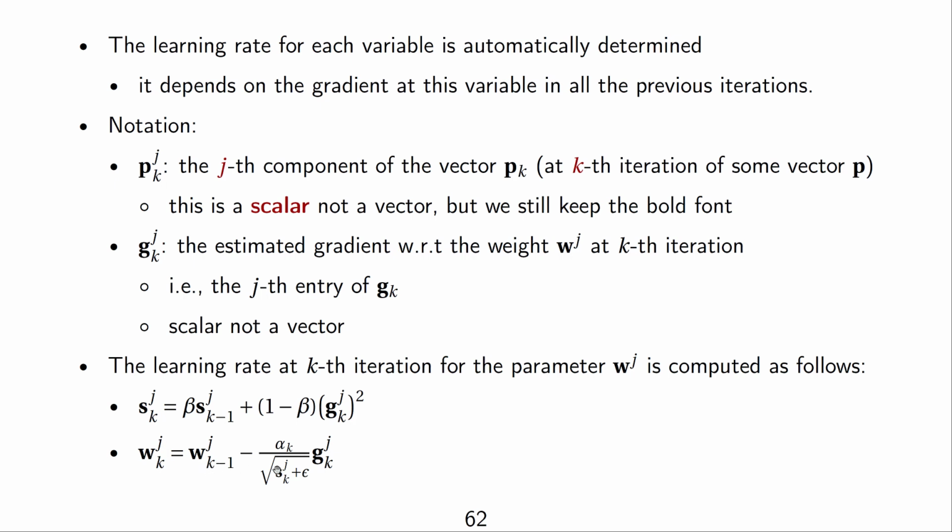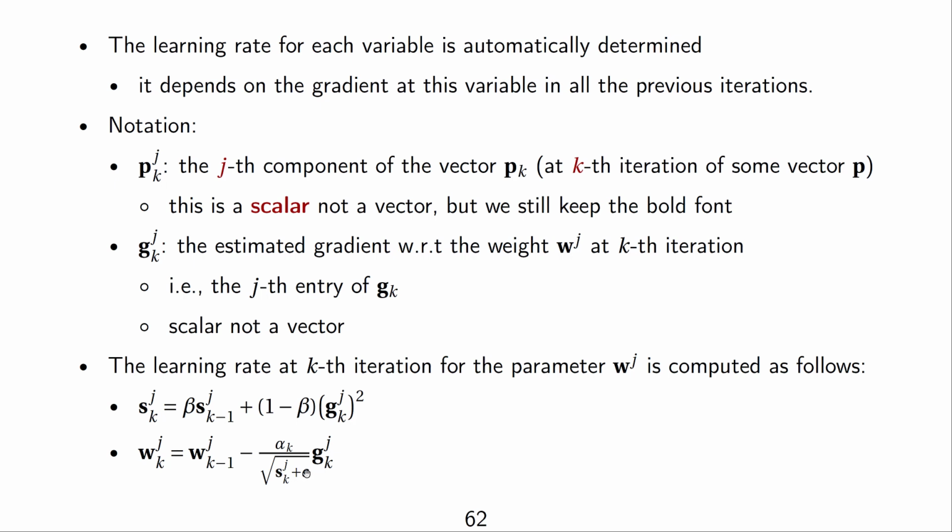And so what we see is that the only difference to gradient descent is this one factor here. If I would take out this component here, it would be the same as stochastic gradient descent, just written for each parameter individually. So we have the new weight is the old weight minus alpha times the gradient. But what we see here is that each component of the gradient is divided by the square root of s j k plus epsilon.